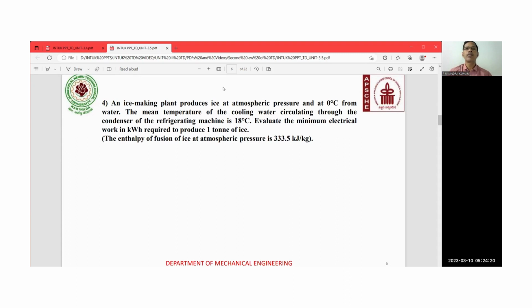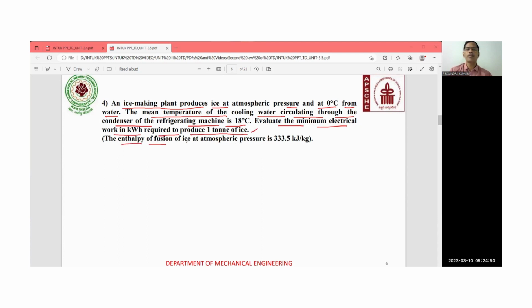See here, the problem is connected to the ice making plant, a realistic situation. The mean temperature of the cooling water circulating through the condenser of the refrigerating machine is 18 degrees centigrade. Evaluate the minimum electrical work in kilowatt hour required to produce 1 ton of ice.